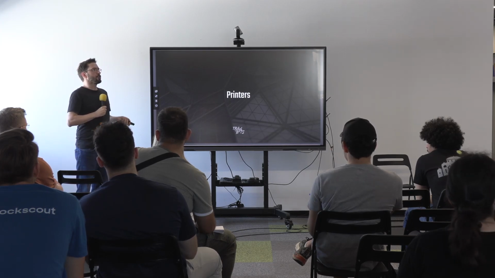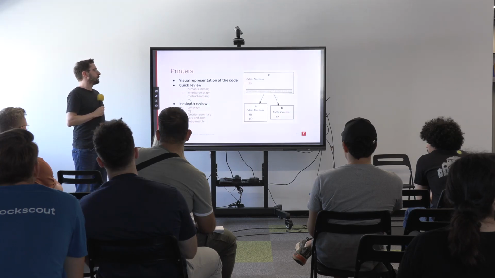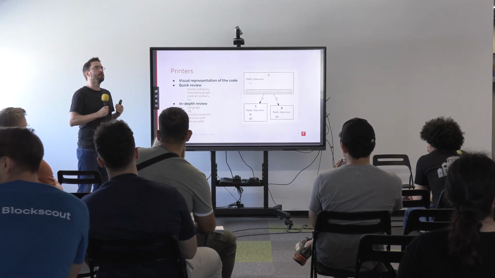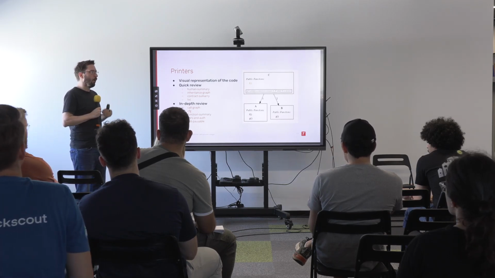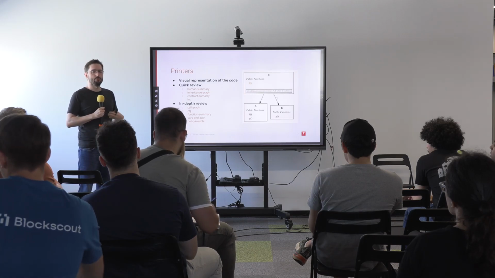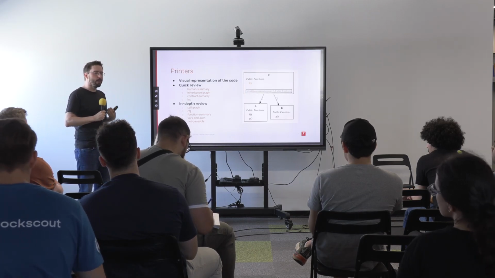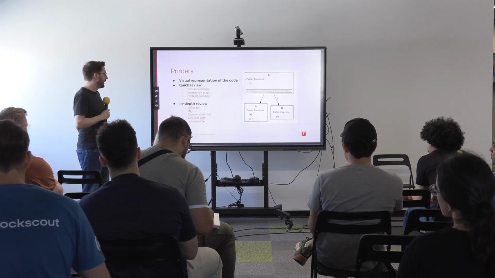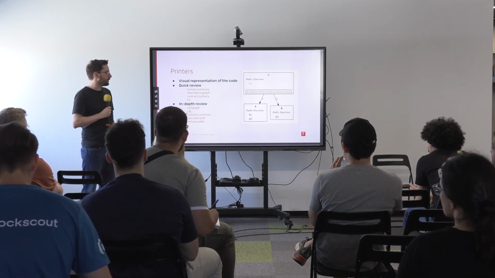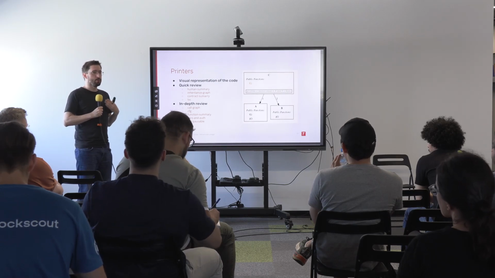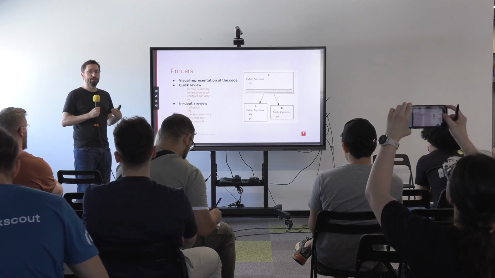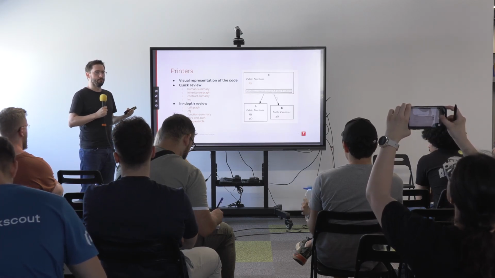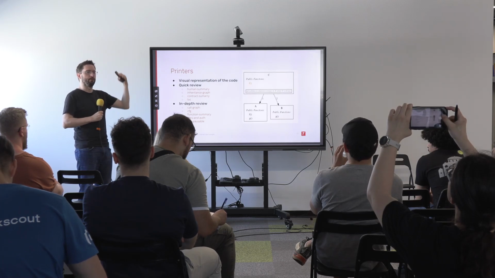We have a notion of printer in Slither, which is basically a way for us to provide a visual representation of the code base. We use printers a lot during audits to quickly get information about a different code base. Here is an example of an inheritance graph. As you might know, when you review a Solidity code base, developers tend to overuse inheritance, and you can quickly get to a point where you have 5 or 6 levels of inheritance.